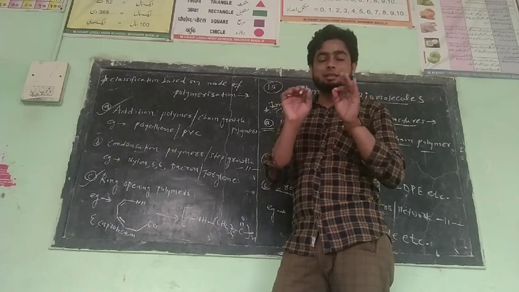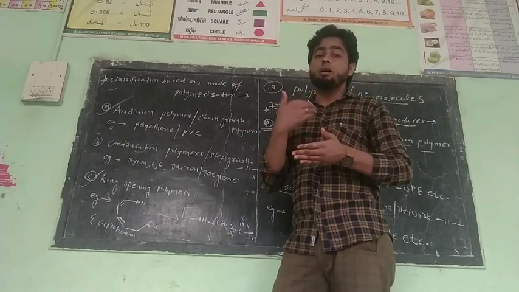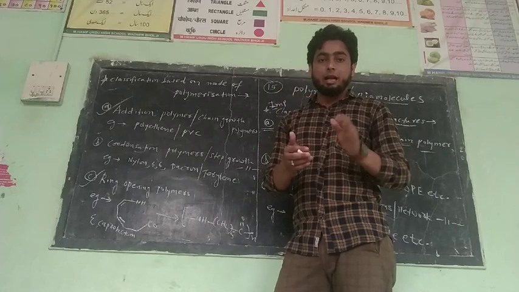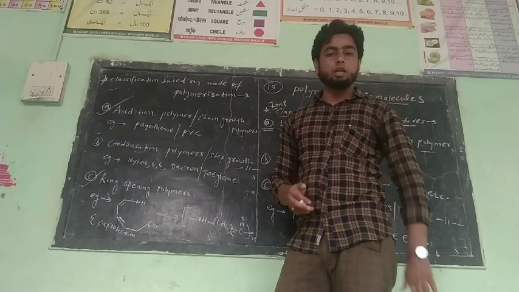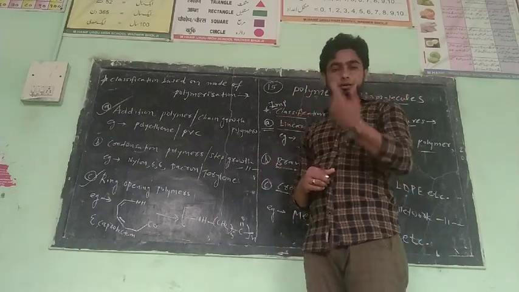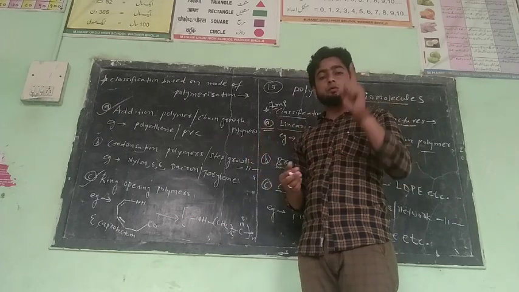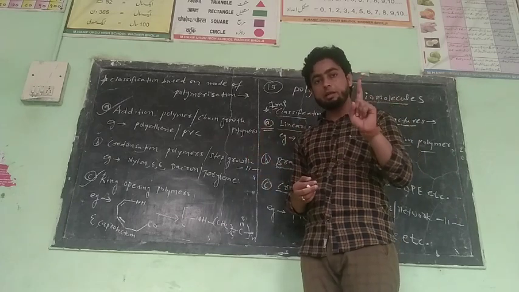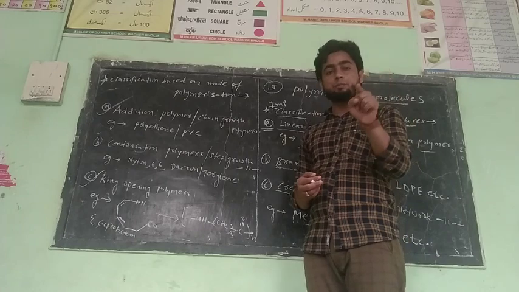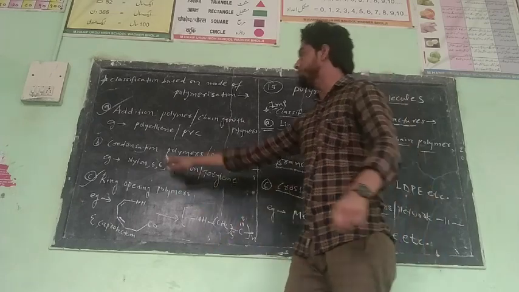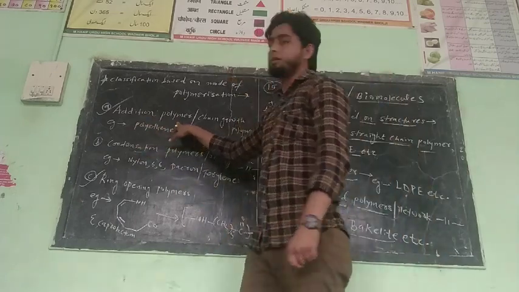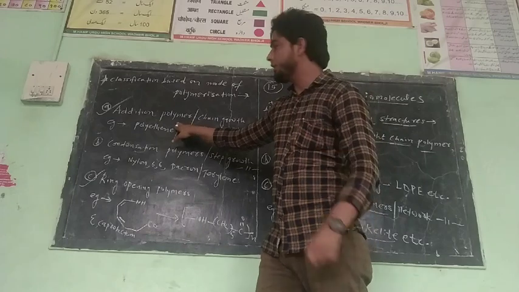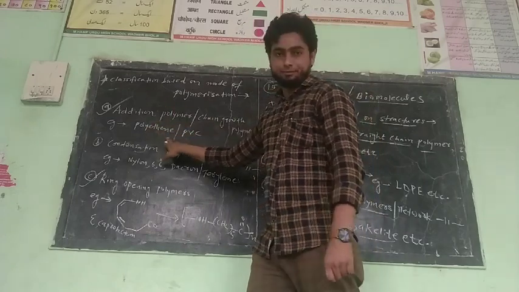The process in which the same monomers are joined to each other and do not lose a small molecule like water or alcohol, to form only one product, or polymer. That's why it is called addition polymer. For example, polythene.